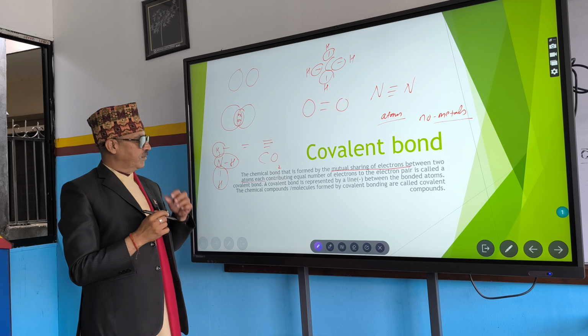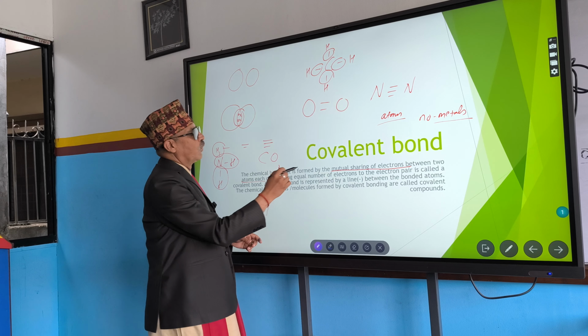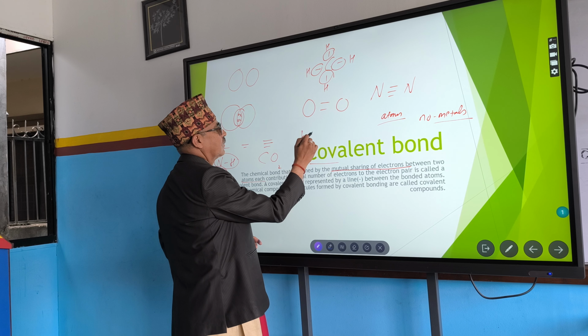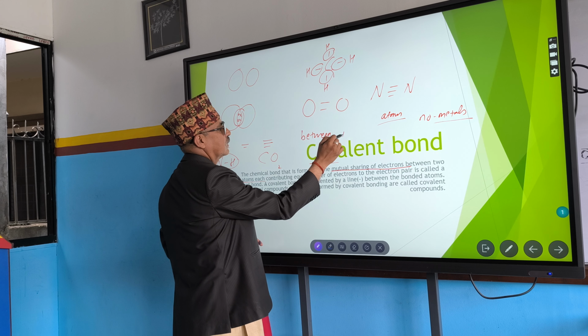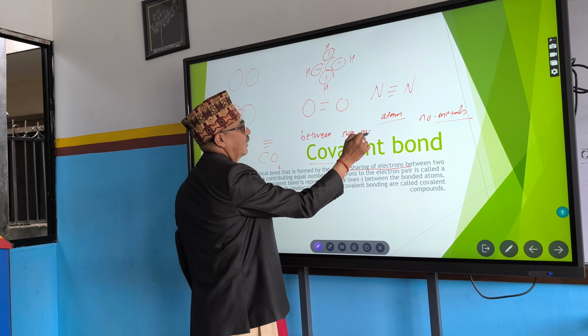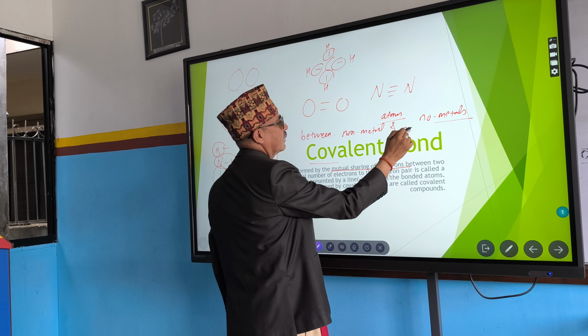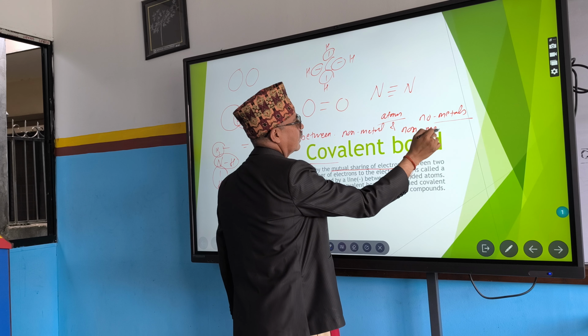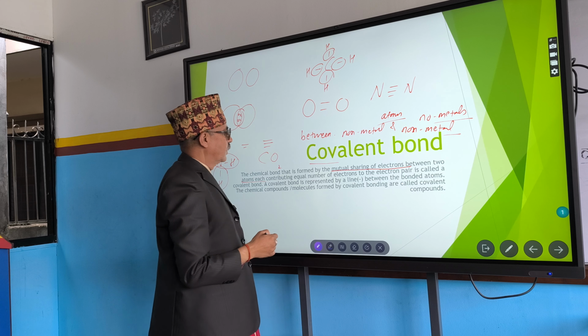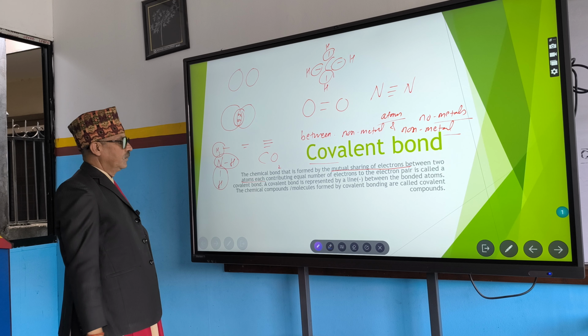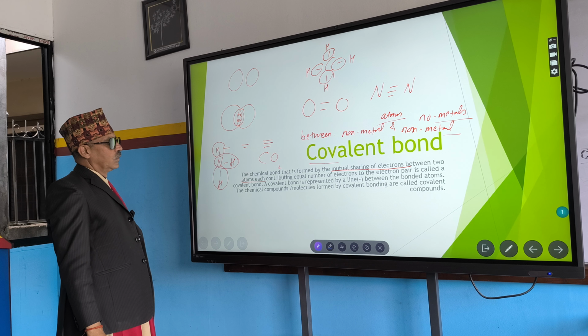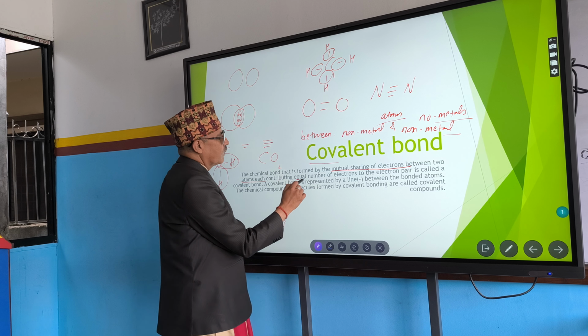So here we have to keep in mind, covalent bond exists between non-metal and non-metal. Okay? So they contribute an equal number of electrons.